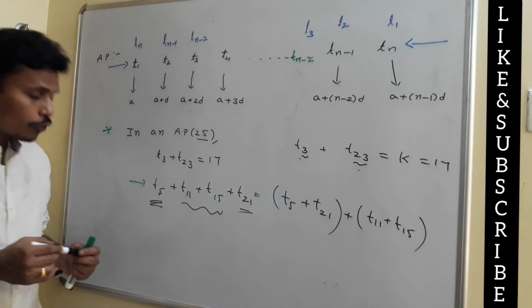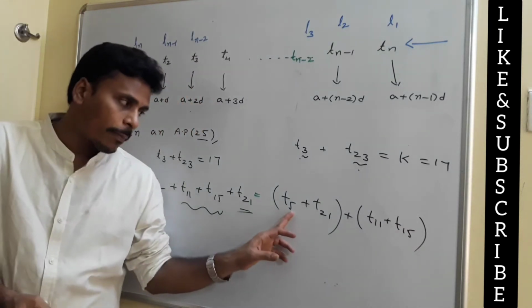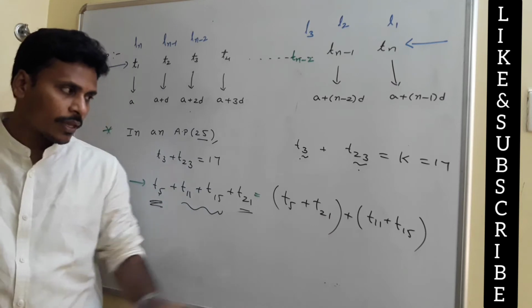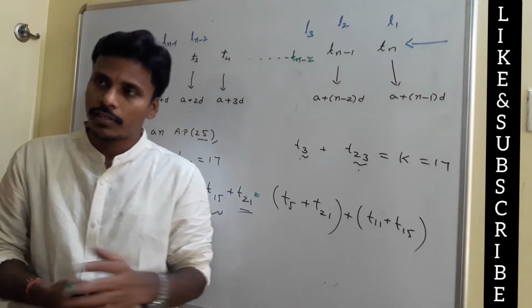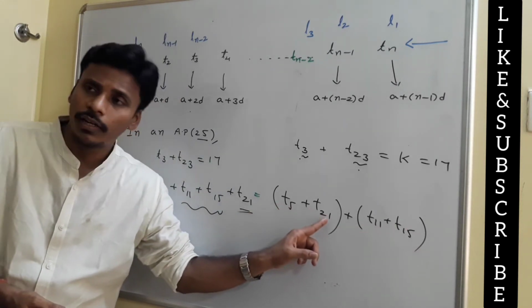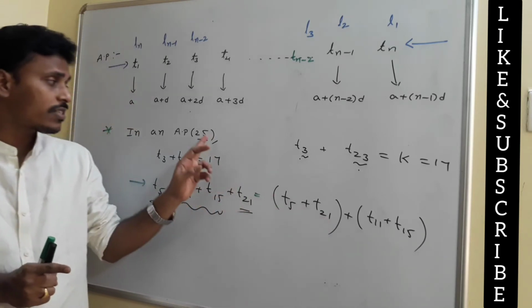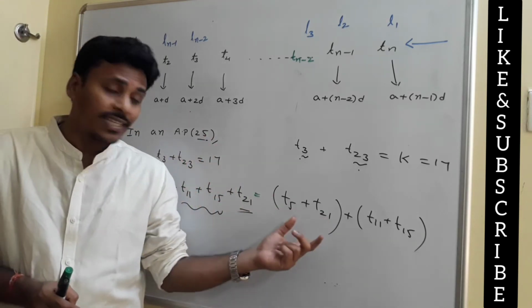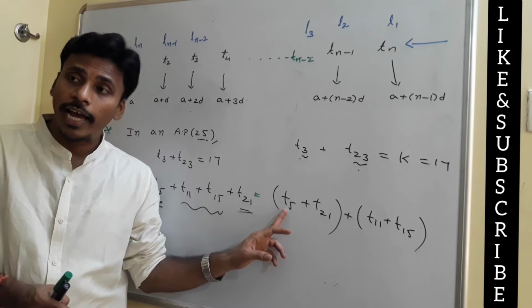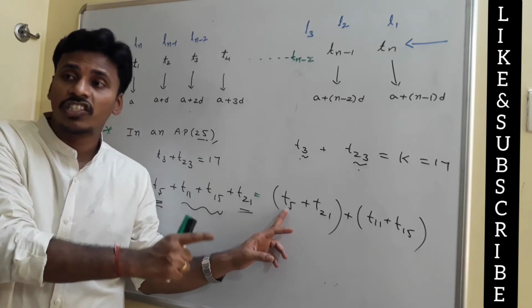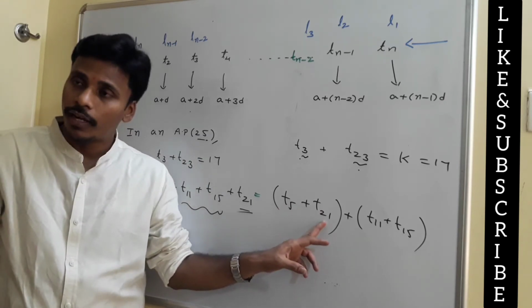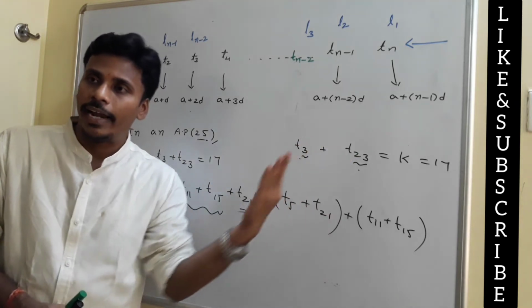Now if you check, 5 plus 21 is 26, and 11 plus 15 is again 26. Since 5 plus 21 is 26, which is n plus 1, this T5 is the fifth term from the start and T21 is the fifth term from the end, right?